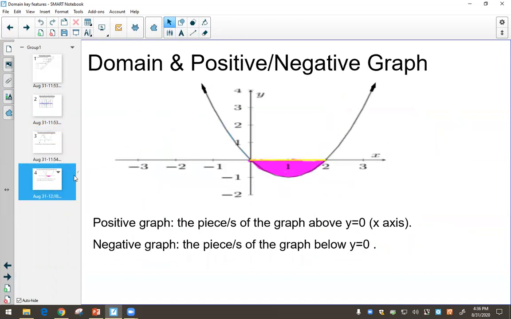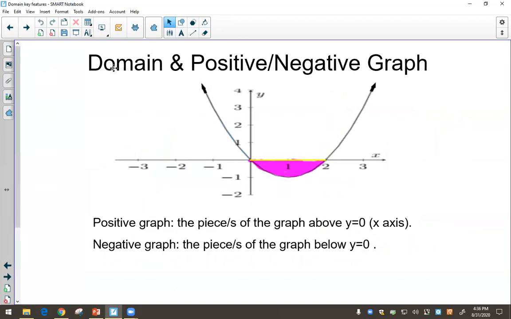Okay, cool. So this one is a positive and negative graph, still related to the domain, your x values. So let me draw that. You need to focus on this line. Don't focus on the y-axis.